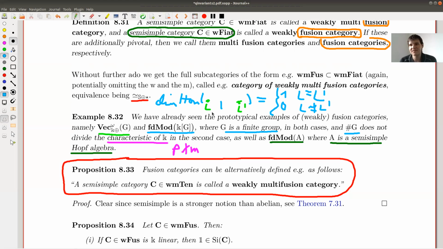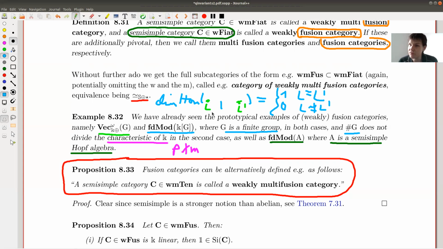In some sense, this should tell you that any invariant, such as Perron-Frobenius dimensions, which we've seen last time, is only concerned about homs between objects. It should be not very strong for non-semi-simple categories. It's okay, but not really strong.